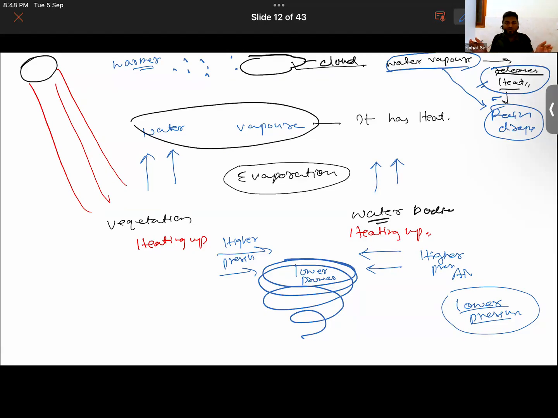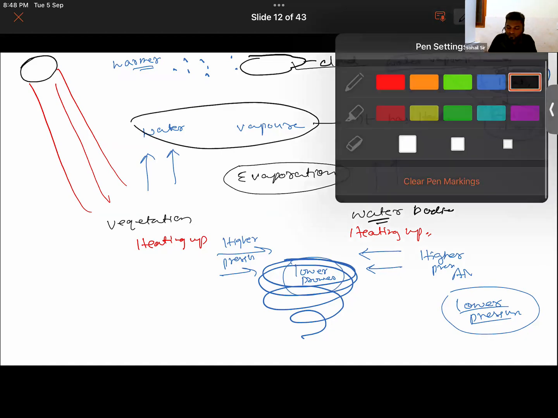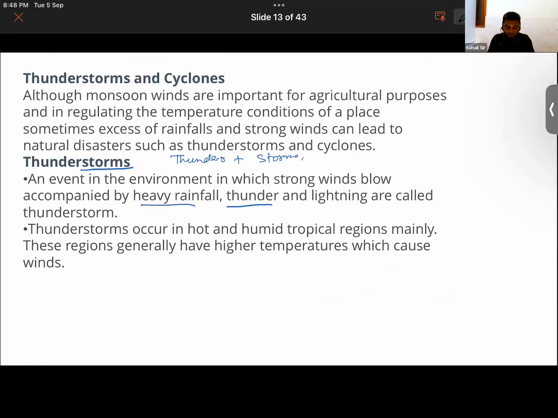There's a continuous movement of air molecules from higher pressure to lower pressure, and this causes a very large lower pressure system which is accompanied by strong high speed winds, and it starts to swirl around it. Getting it? Yes, sir. Okay. Now, I hope thunderstorm is clear. It is simply thunder plus storm accompanied by heavy rainfall. That is simply the concept of thunderstorm.